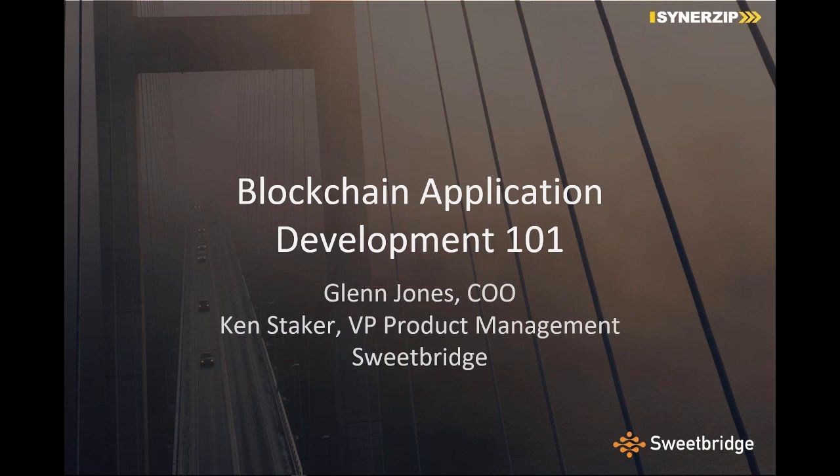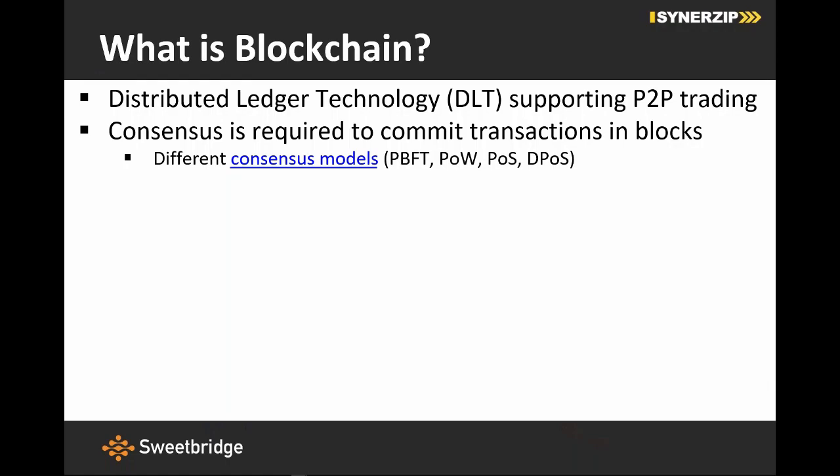So I'm going to spend a few minutes level setting on what blockchain is. As Hemant said, Ken and I have been working in blockchain for well over a year, taking blockchain and leveraging it to build out supply chain applications. But to start out, what is a blockchain? You've heard the term distributed ledger technology, or DLT.